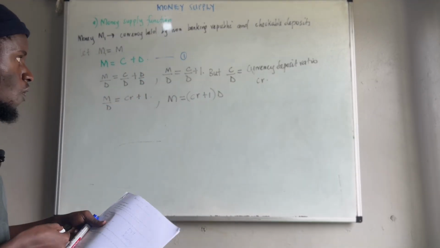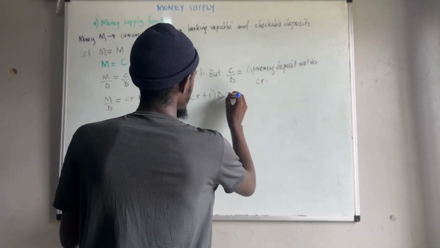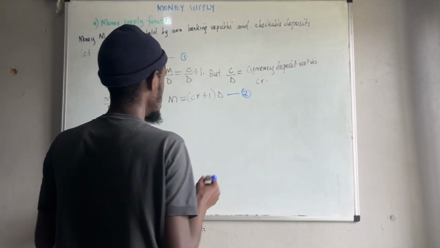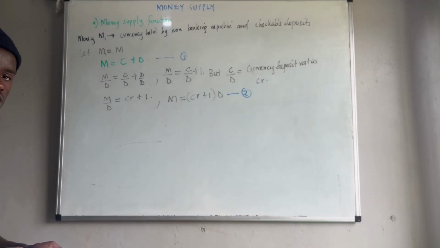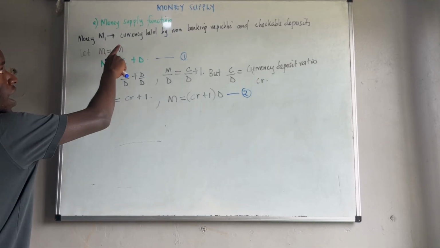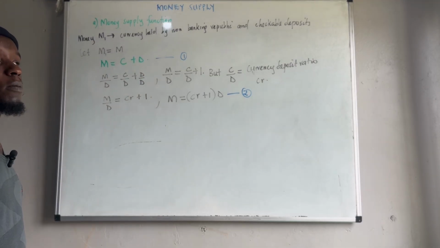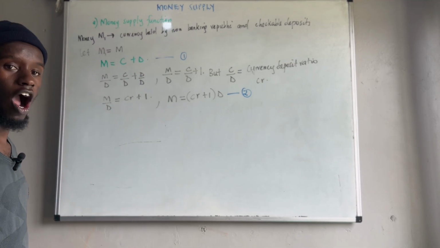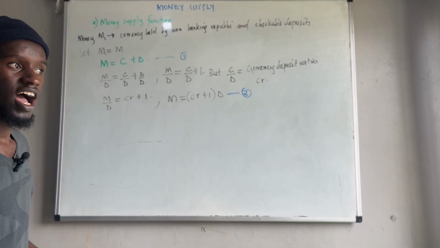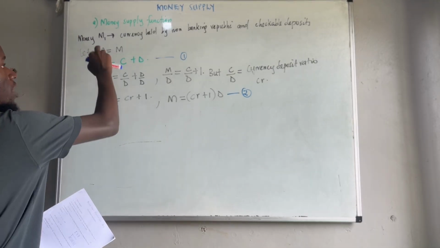Now, I think we are clear on that point, but I want to take you through the meaning of these terms in equation 2. M is our money, which is defined by currency people have as cash, and how much money they have in the bank as deposits.